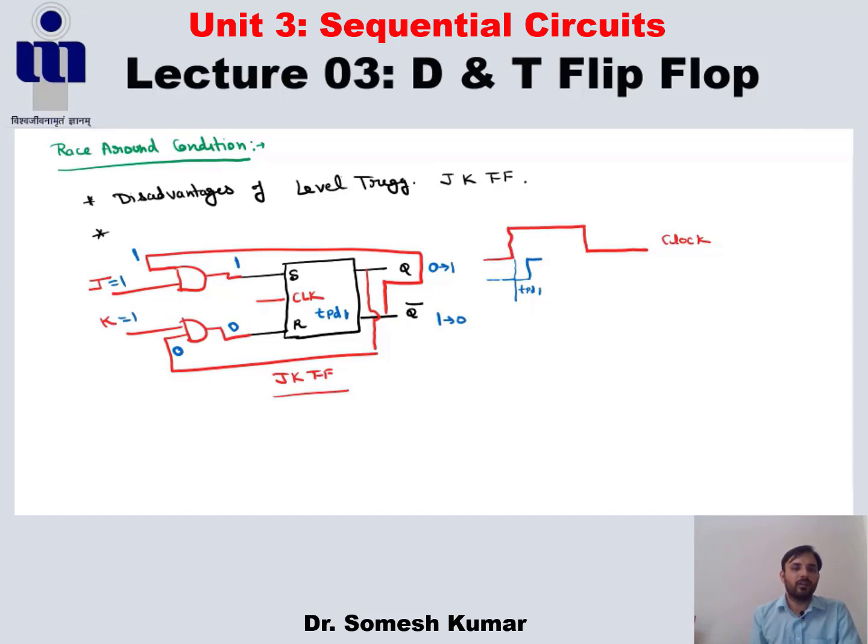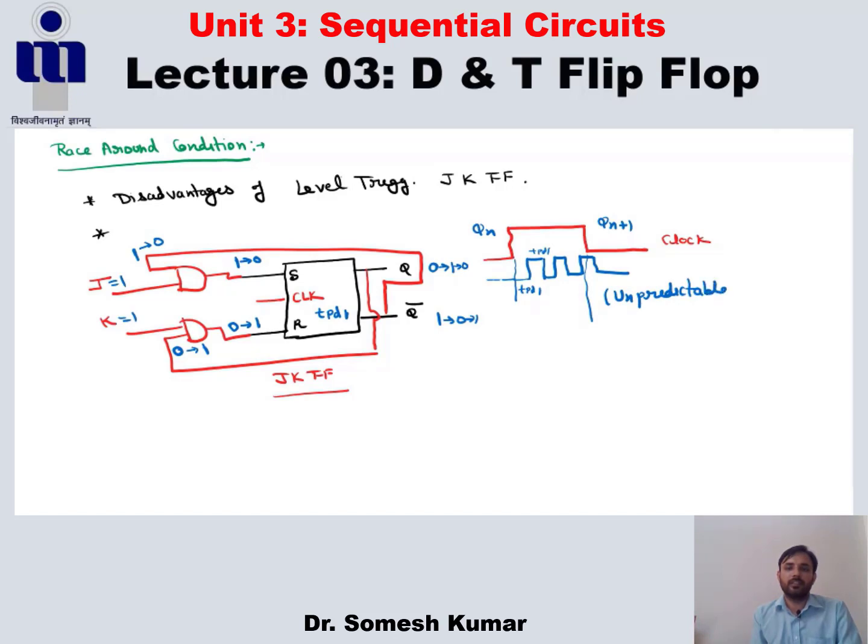Now it becomes 1. This 1 is given to here, and it becomes 1 now, and it becomes 0 now. This 1 changes to 0 and 0 changes to 1, and the output now changes again to 0 and again to 1, again after time TPD1. This process repeats itself several times in this clock period. Here this is our Qn state, this is Qn plus 1. So this output becomes unpredictable.